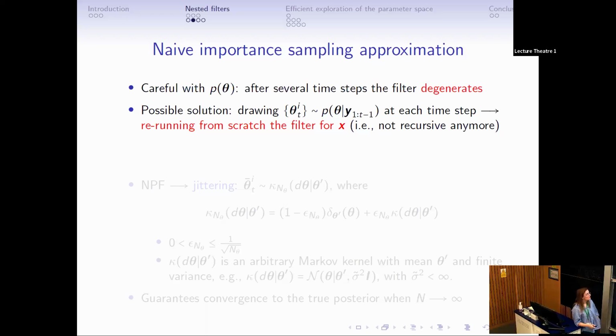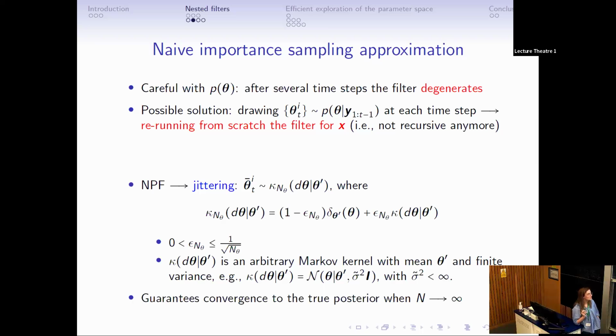We need to run the filter from t equal to 0 to t, because it's like changing the model at the end. But in the nested particle filter, they come up with something quite cool. That is this jittering step that allows theta to change and to explore the space. But at the same time, you don't need to restart the filter for the state from scratch. You can just keep going one step forward. You don't need to start from t equal to 0.